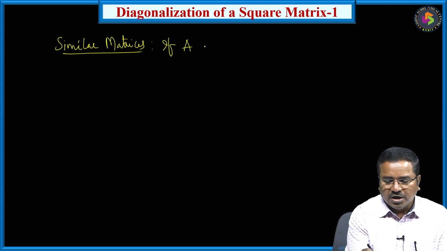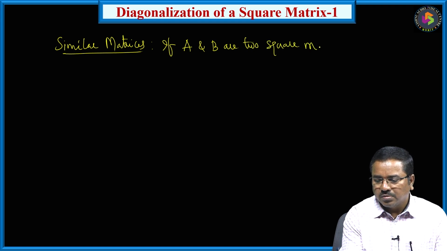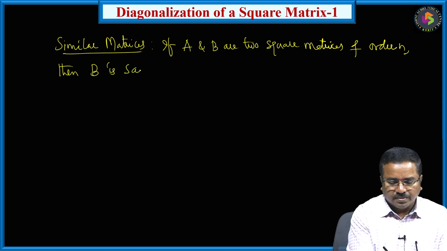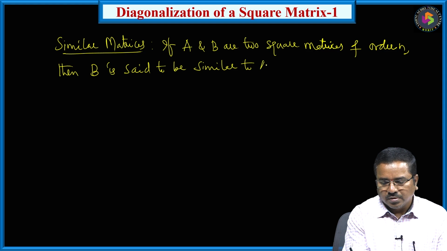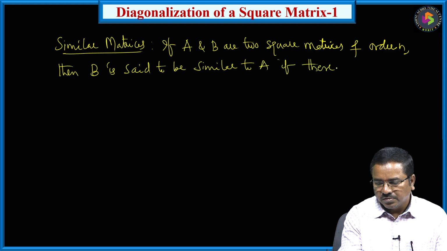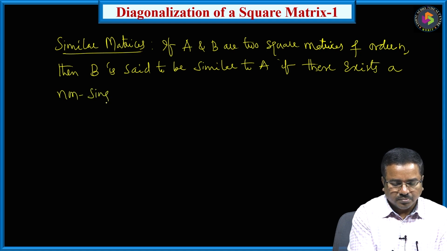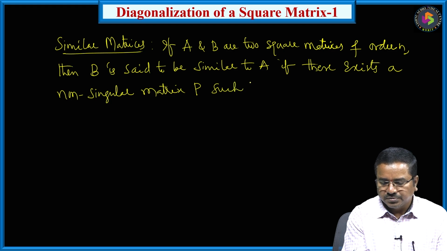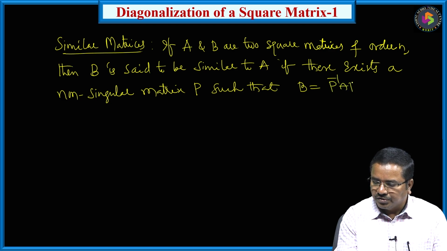If A and B are two square matrices of order n, then B is said to be similar to A if there exists a non-singular matrix P such that B is equal to P inverse AP. So this is the definition of similar matrices.